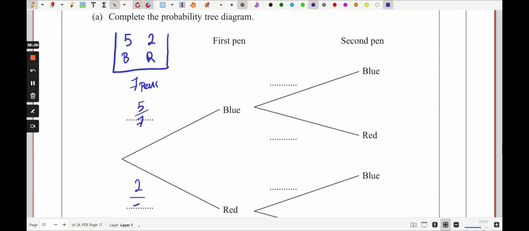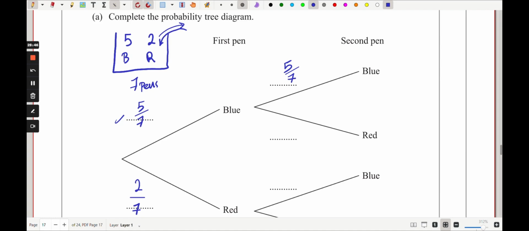7, because she will put back again the one from the first take. She will take 1 and she will return it back. So if the first one was blue, the second one is also blue, it will be the same probability, 5 out of 7.